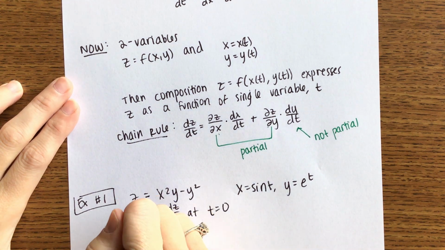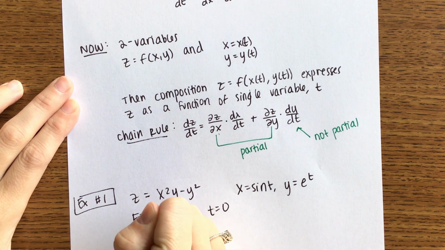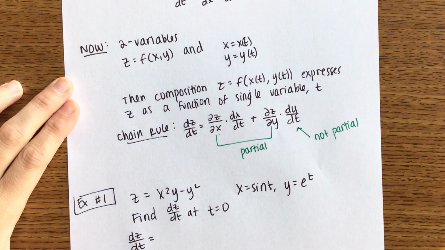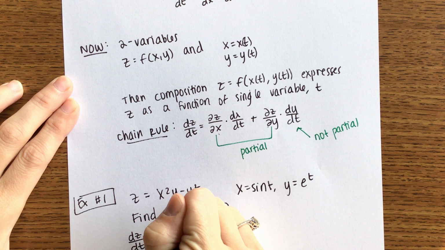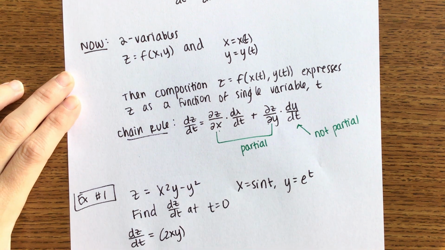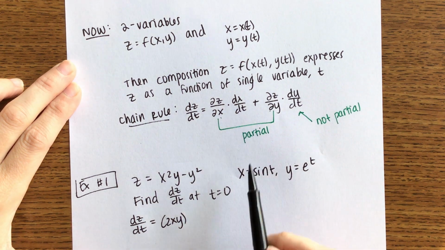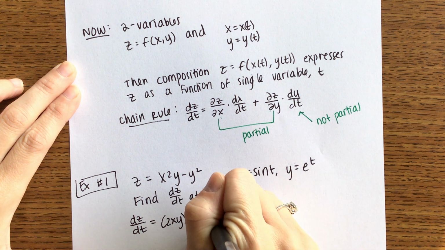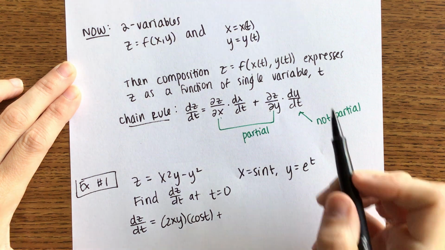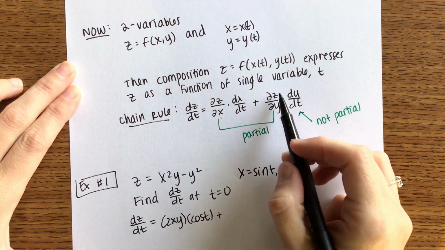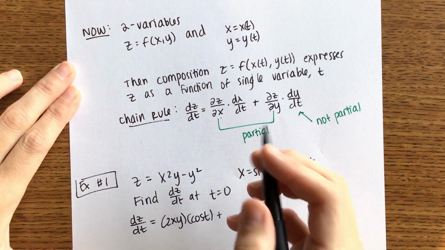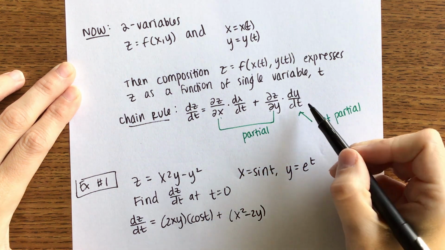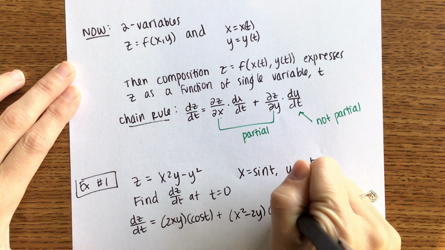So we get dz dt. We need to take the partial of z with respect to x. So that'll be 2xy. And then we have dx dt, so differentiating with respect to t, and you get cosine of t. Then we are differentiating z with respect to y, so we get x squared minus 2y, and then dy dt, which is e to the t.